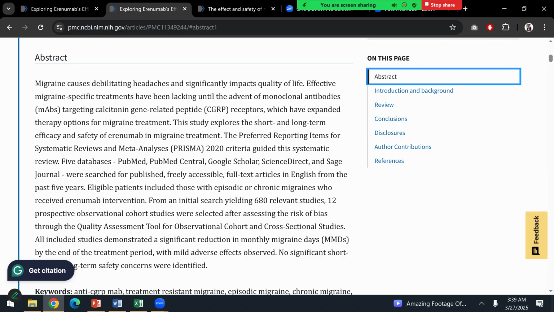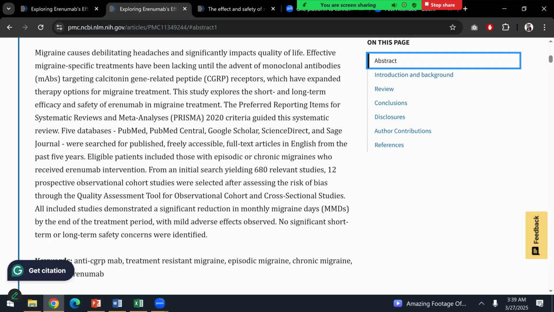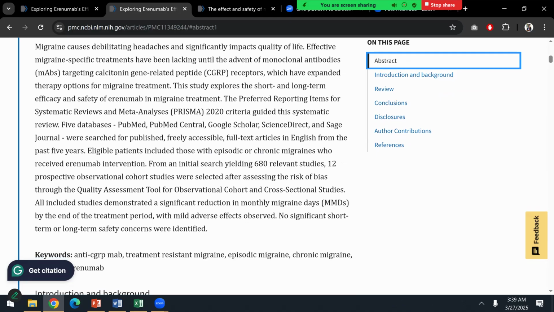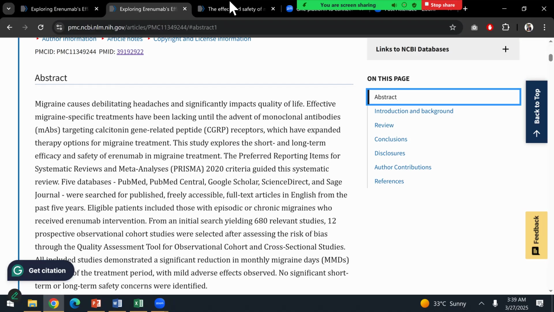PRISMA guidelines were used, these databases were used, and these studies were included, and a quality assessment tool was used. And then conclusion, all studies demonstrated, conclusion and results, significant reduction in this and this. So this is the conclusion.